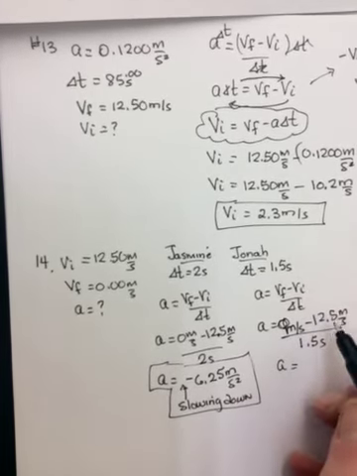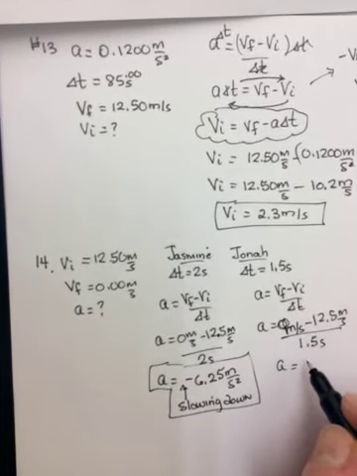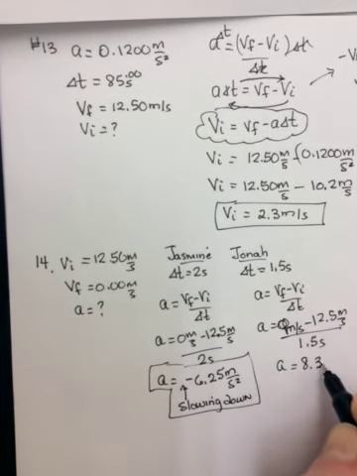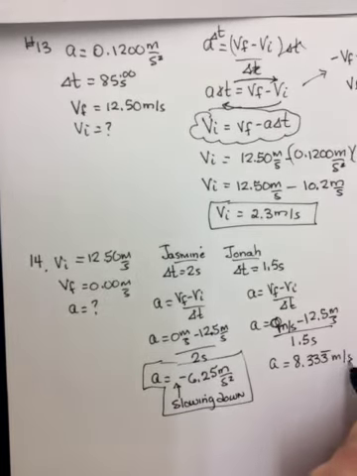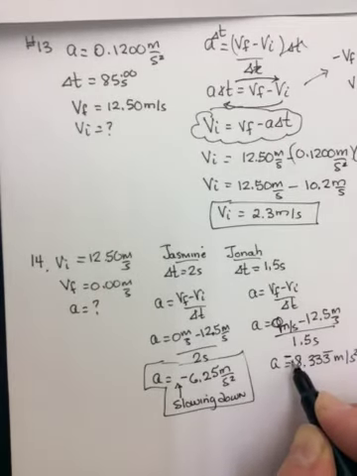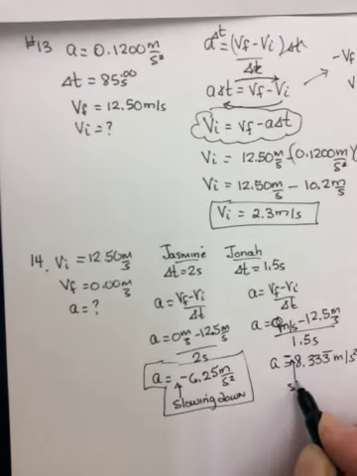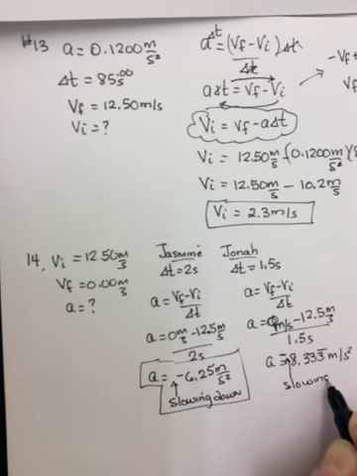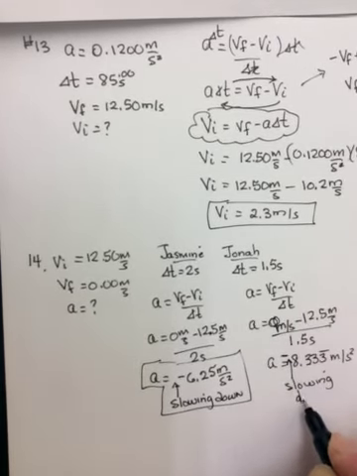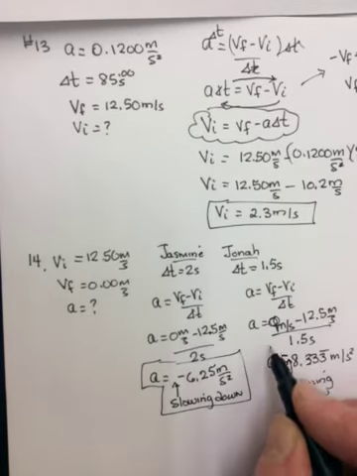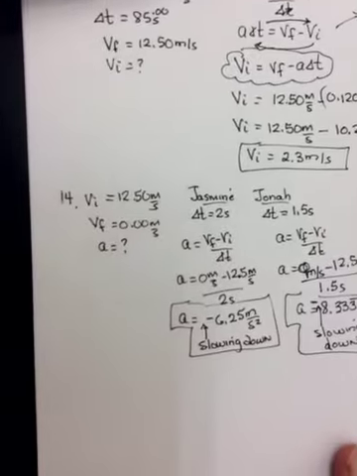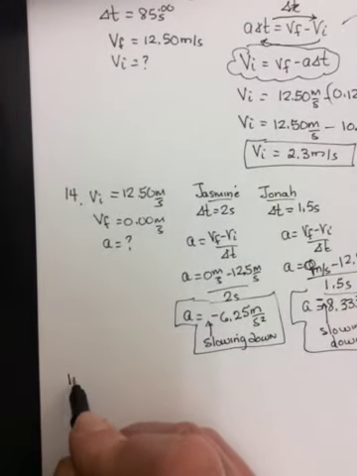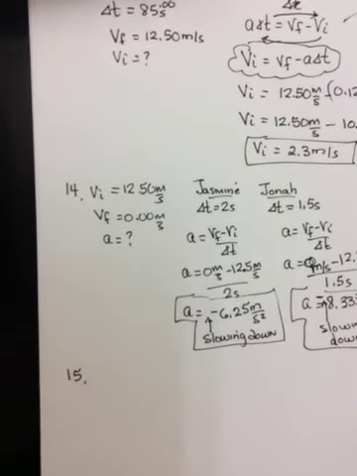So that's like 25 divided by 3, so 8.333 repeating meters per second squared. It's also negative because he is also slowing down. So Jonah's acceleration needs to be bigger because he has less time to stop in, because he wasted 0.5 of a second evaluating the situation and realizing, oh, maybe I should stop.